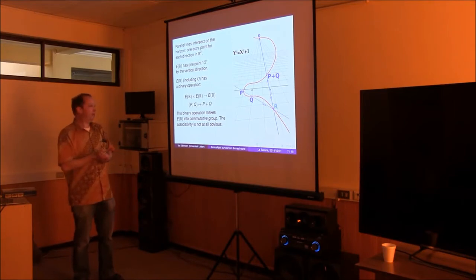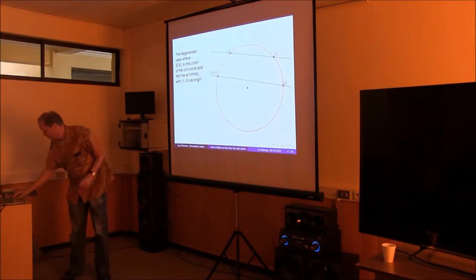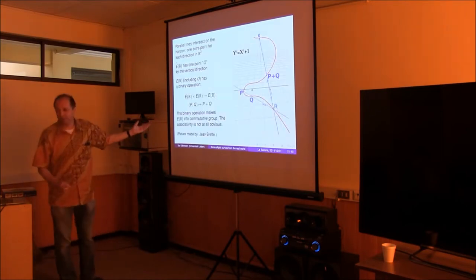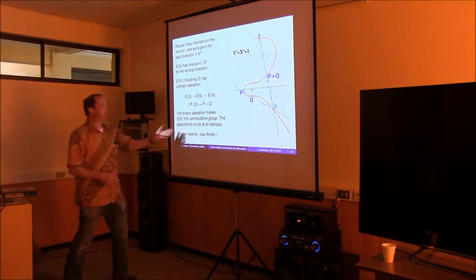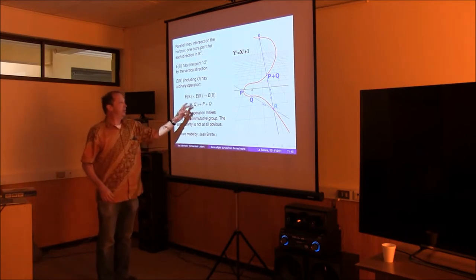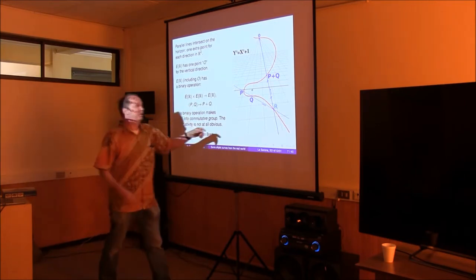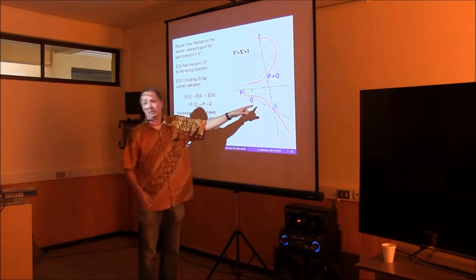Even if you do not know group theory, the group axioms, I should explain what that means. A commutative group means that if I interchange P and Q here, I get the same result. Well, that is quite clear, because if I call this point P and that point Q, then this line is still the same.